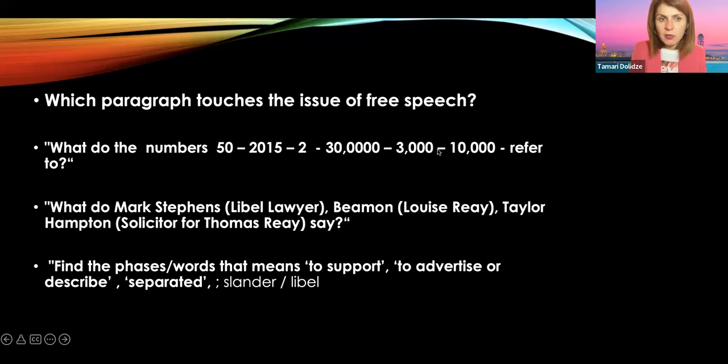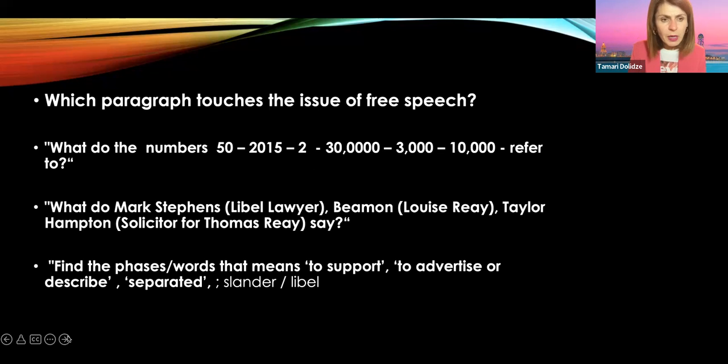And at the same time, we can ask the students, what do Mark Stevens, libel lawyer for Beaumont, Louis Rey, and Louis Rey is the stage name for Beaumont, and Taylor Hampton, solicitor for Tamari, say? They will go to the text after scanning it, and they will answer these questions.